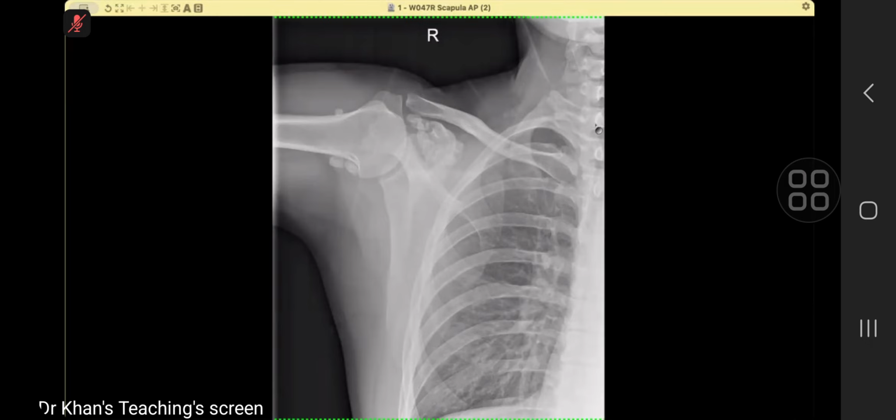You have considered hyperparathyroidism. Why have you considered hyperparathyroidism? There are some rice bodies, but they are not. I put it in the differential. What kind of findings are there in hyperparathyroidism because of which you have considered it in the differential?